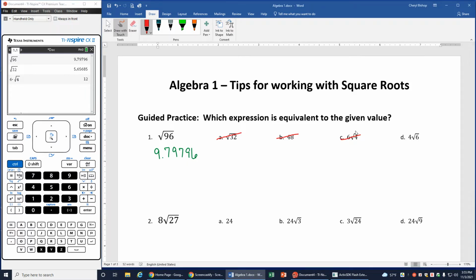So it has to be 4 square root of 6, but let's just go ahead and look and see if I do 4 square root of 6. Notice I get that 9.79796 answer. So D is my correct answer because they both give me the same value.